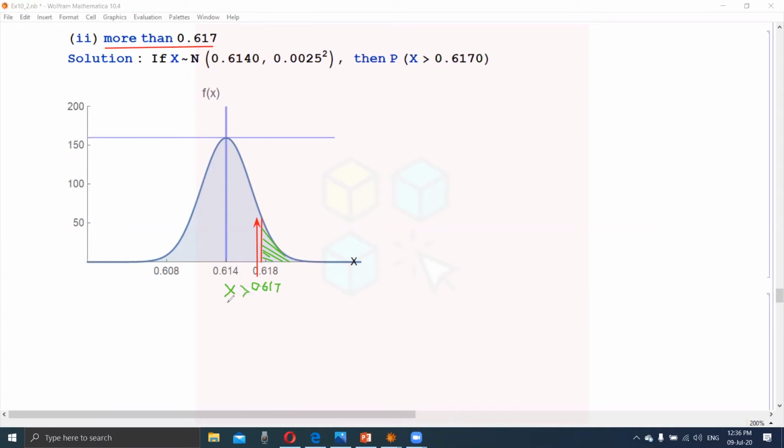So this new red line is obtained by adding the continuity correction to 0.617, which is 0.617 plus 0.00005, and the value of this point would be 0.61775.